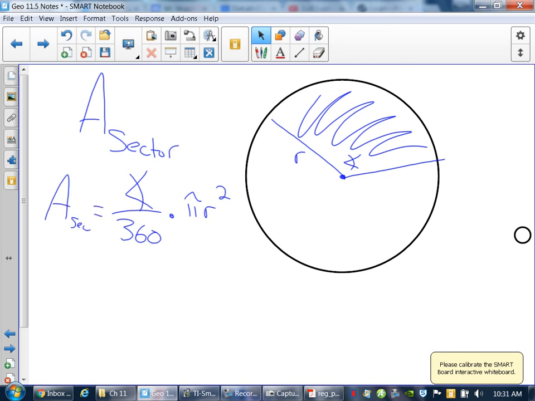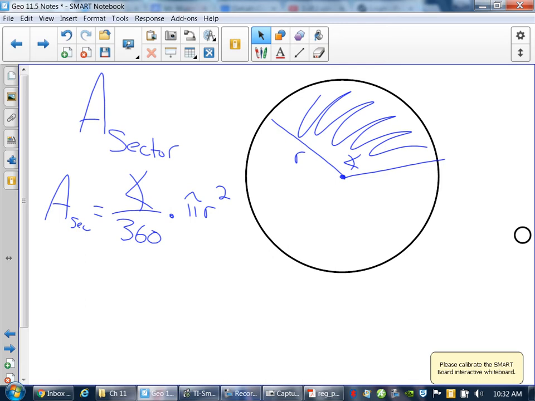Which means, like we've done before, with arc length we wrote it as 2 pi r, pi times diameter, and then just plain old circumference. One of the things you will see from time to time is that you might have to work backwards to find the area of a circle. What does pi r squared stand for? Area of a circle. So we can also write it like this.